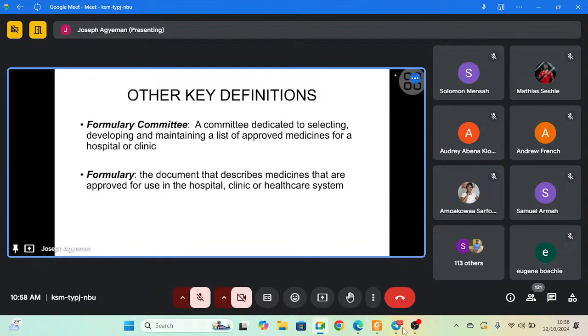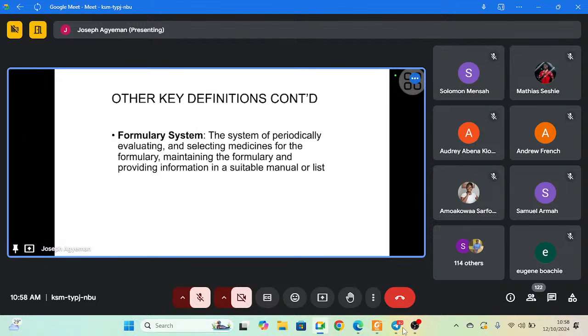After development, they always review and improve upon it. They maintain and add on based on the evidence presented to them. This is one of the jobs of the DTC. The formulary system is a system of periodically evaluating and selecting medicines for the formulary, maintaining it, and providing information in a suitable manual or list, a drug bulletin for example. This is part of the job of the DTC.